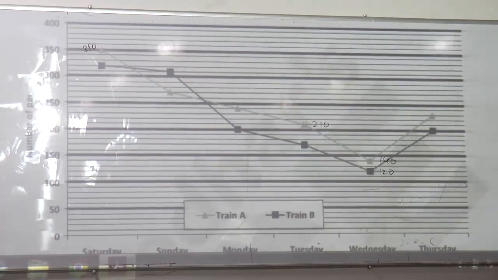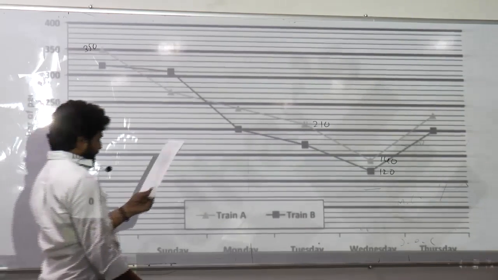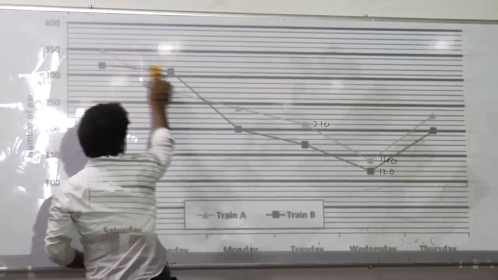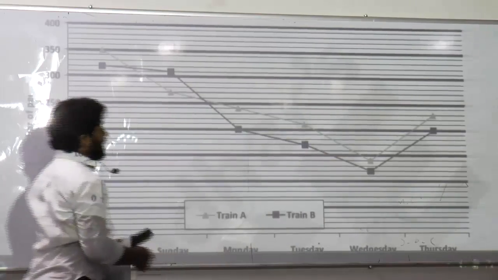What is the difference between the total number of people who travelled by train B on Monday and Tuesday together and the number of people who travelled by train A on Saturday and Sunday together? Saturday, Sunday you have to consider train A. So let me discuss this.